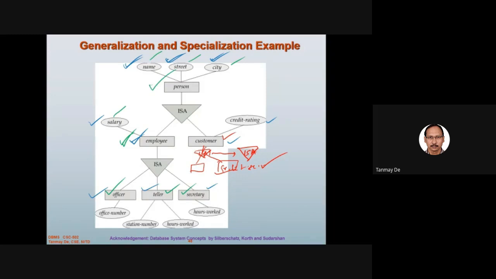Let us suppose here the person. Some of the persons are employees, some of the persons are customers.